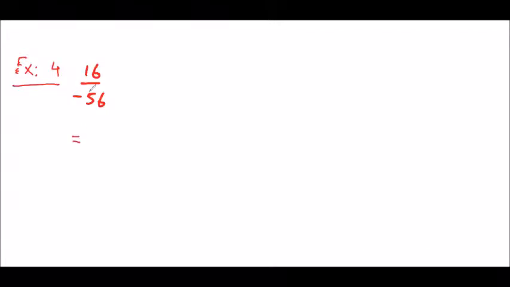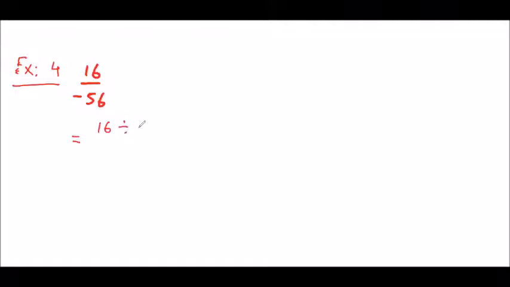You can solve any of the 2 steps. For example, you can change the sign first or you can simplify first. In this question, we will simplify first. 16 can be divided with which number?